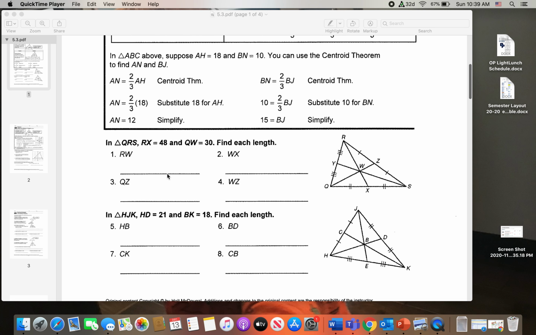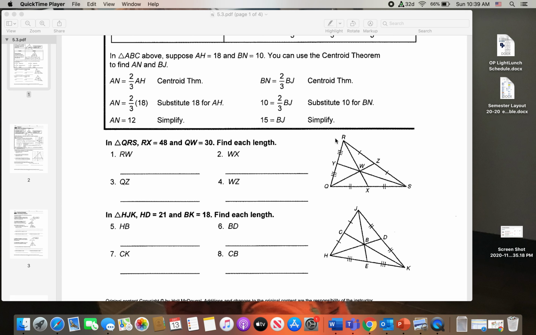So when they give us problems in this triangle, RX is 48, the whole median from R to X is 48, and Q to W, from Q to the centroid, the concurrency point, is 30. So for R to W, if R to X, the whole distance, is 48, 2/3 of 48, so 2/3 times 48 is, I'm pretty sure, 36.